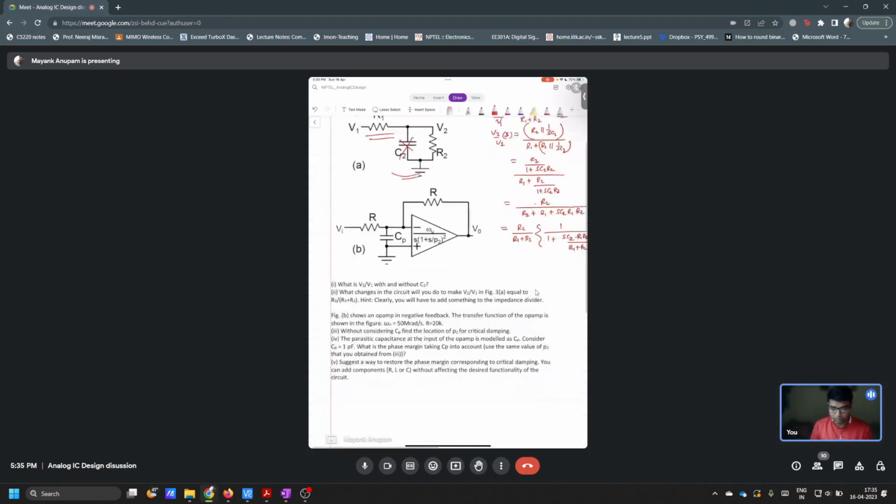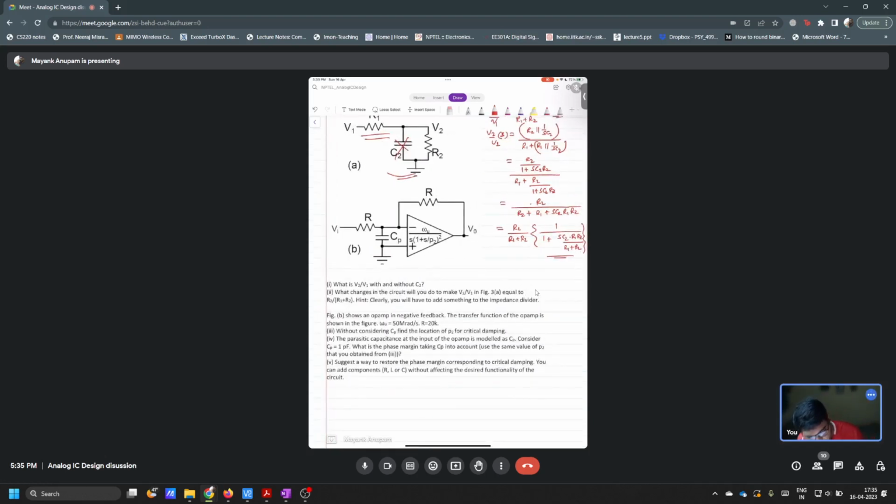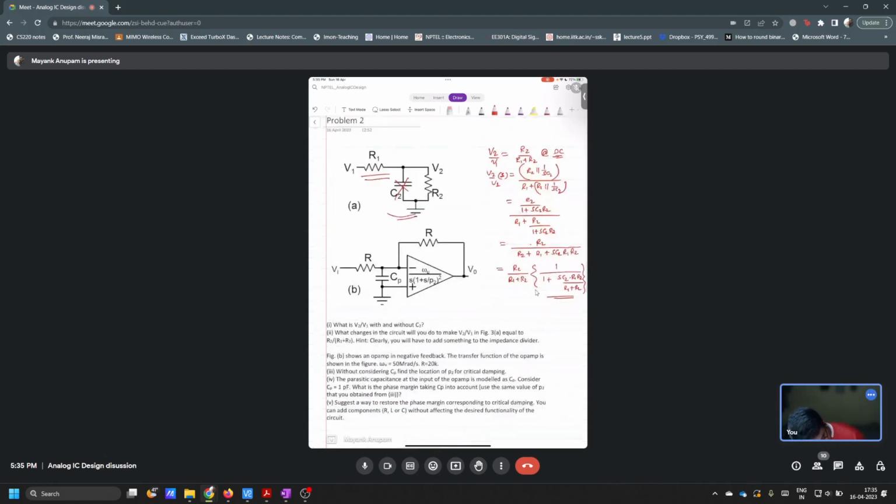So what is the intuition behind this result? What is the pole location? It is 1 over C2 times R1 parallel R2.